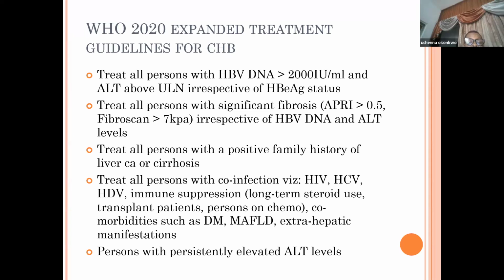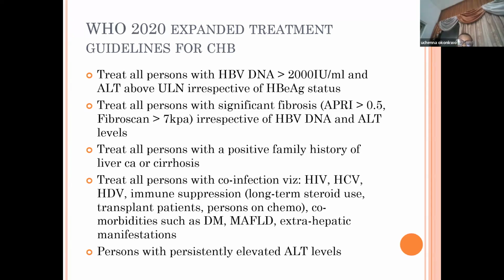So now the recommendation states that all persons with hepatitis B virus DNA greater than 2,000, as opposed to 20,000 international units previously, and any elevation of ALT above the upper limit of normal, irrespective of the E antigen status, should be started on antiviral medications.